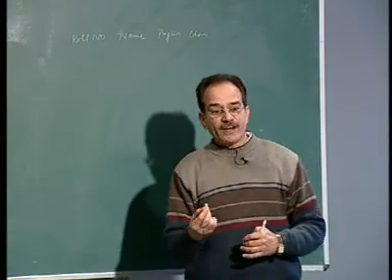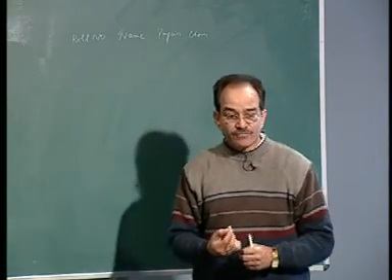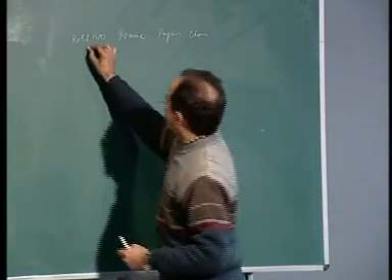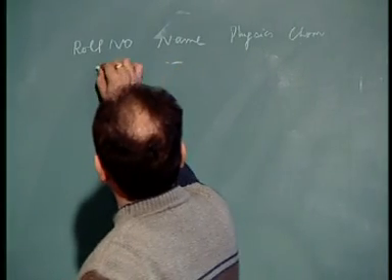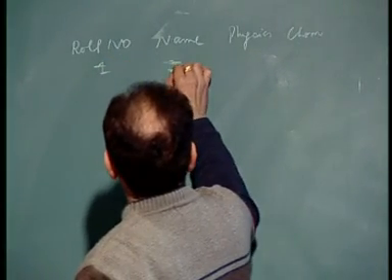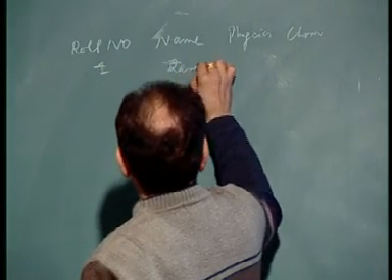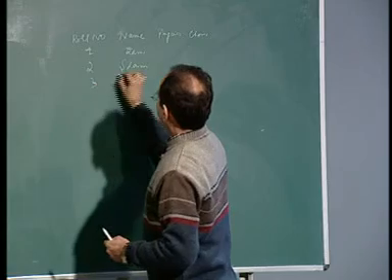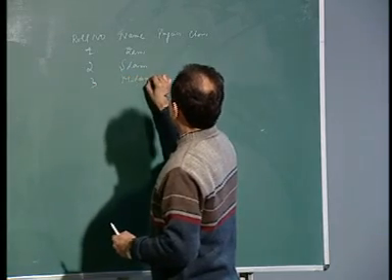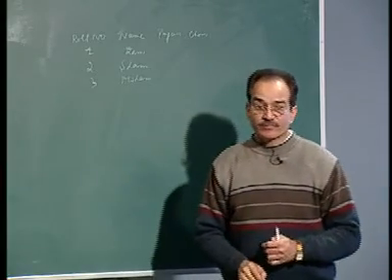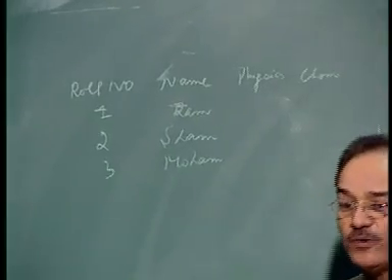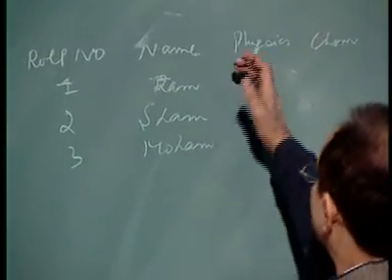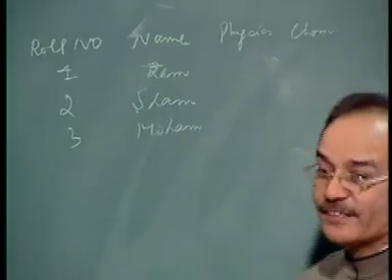Now, there is another file. This file has some information, roll number and name: roll number 1, 25, Ram; roll number 2, Shyam; roll number 3, Mohan. Let us say these are some other information. Now, I have to update this information, adding physics marks and chemistry marks.